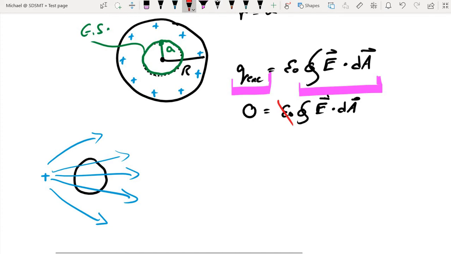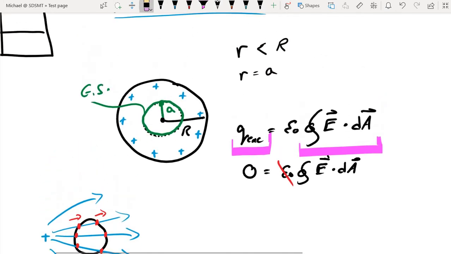But as these field lines enter the sphere, keep in mind that at some point later they exit the sphere. So what enters the sphere eventually exits the sphere, and we get a net concentration of zero for the flux.